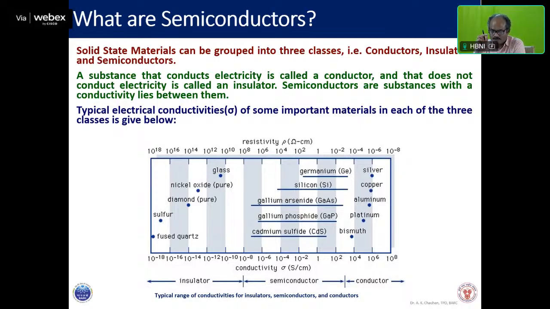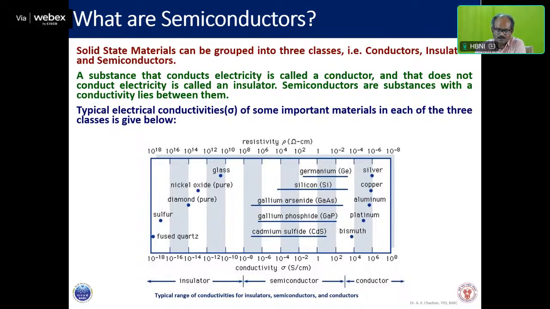There are actually two properties semiconductors possess. Number one is their conductivity, which lies between insulator and conductor, and another property is the temperature dependent conductivity. Normally in metals, as you increase the temperature, the resistivity increases or conductivity decreases.